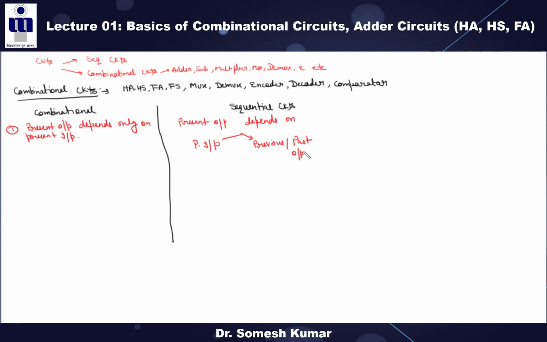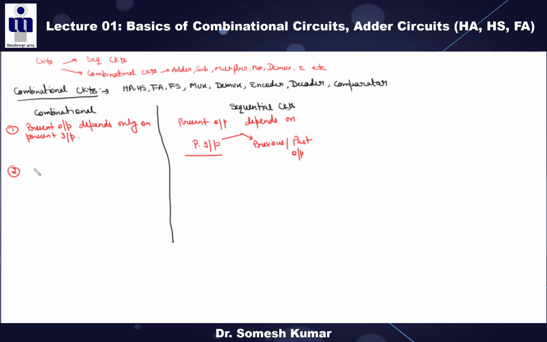Basically, whatever the previous output was is fed back to the present output. It means there is some memory element which stores the previous state. So this is the main difference between combinational and sequential circuits.